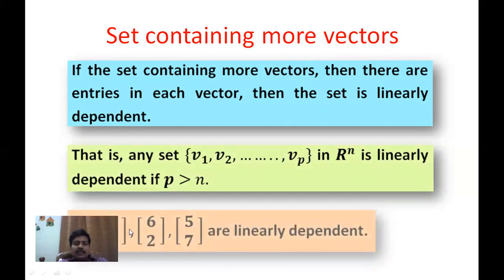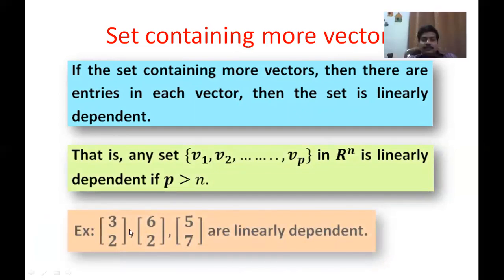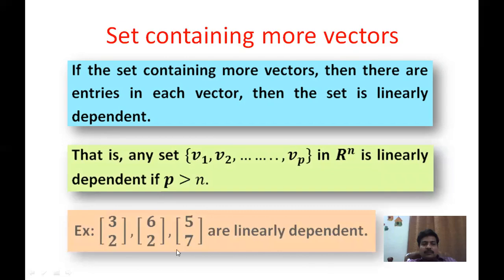For example, I have taken three vectors of two entries. These three are vectors of R2. So it has three vectors, so these three must be linearly dependent.